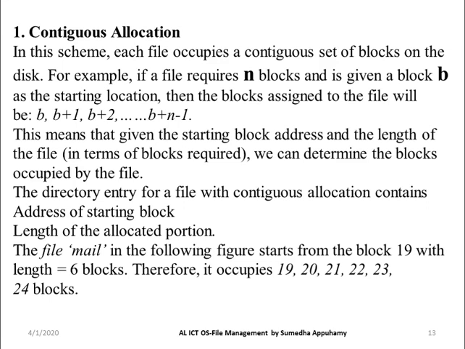In this scheme, each file occupies a contiguous set of blocks. Contiguous set of blocks means adjacent, near blocks. A block is a collection of sectors. It can be one sector or more than one sector, which the operating system can access directly.